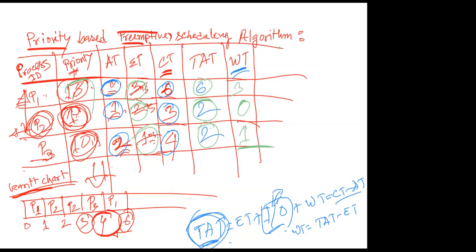Inside your operating system, we use some algorithms to set the priority for a process. So even though this is a priority based algorithm, it is not difficult to implement, because the priority number doesn't depend on the execution time.